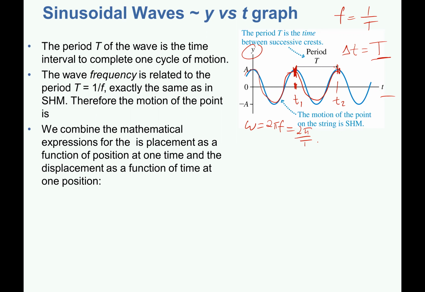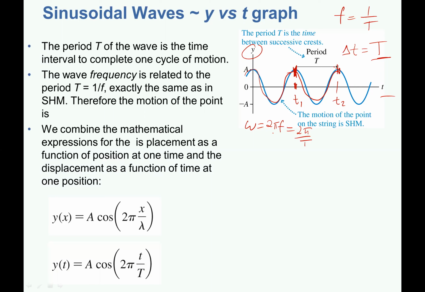Okay. That means we can now combine the mathematical expression for the displacement as a function of position at one time, and the displacement as a function of time at one position. This was our first equation, y as a function of x equals A cosine 2 pi x over lambda.